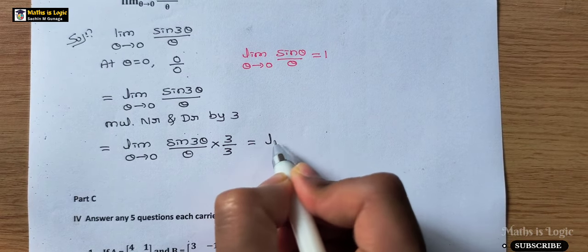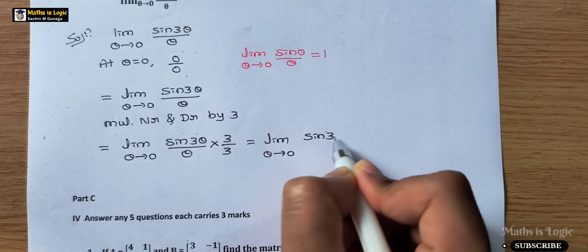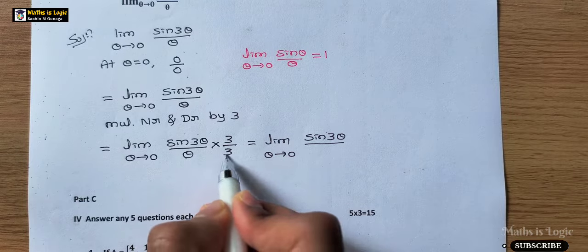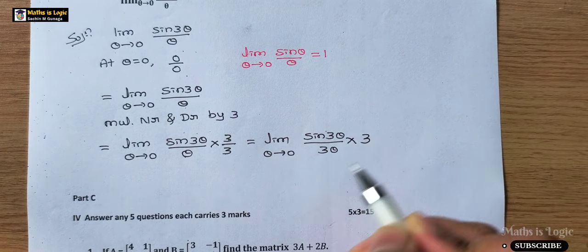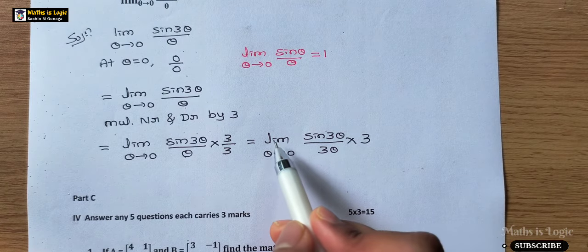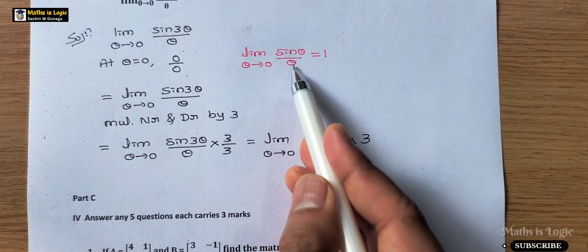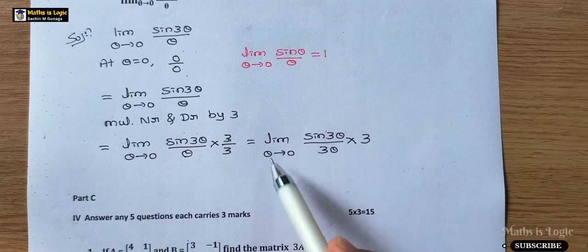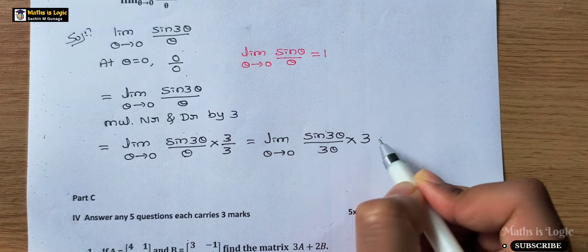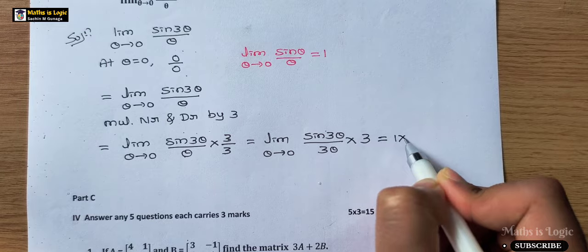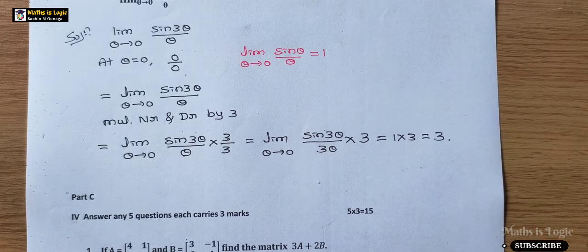So which is equals to limit theta approaches to 0 sine 3 theta, keep it as it is, divided by theta into 3 becomes 3 theta, into this 3 numerator, I am going to keep it as it is. Now apply limit theta tends to 0, because this looks like sine theta divided by theta. Once I apply limit theta tends to 0, this sine 3 theta divided by 3 theta directly becomes 1 into this 3. Therefore 1 into 3 is 3. So this is the final answer.